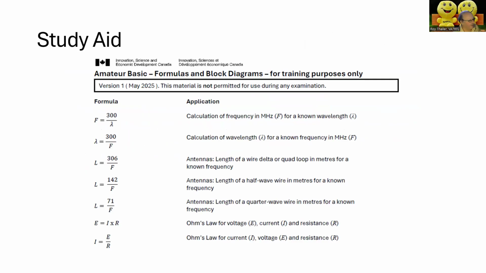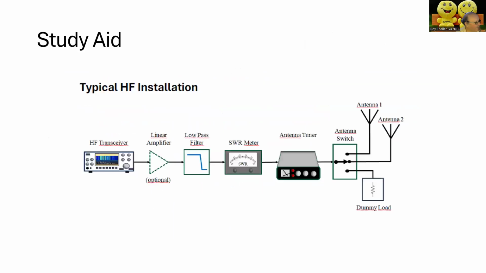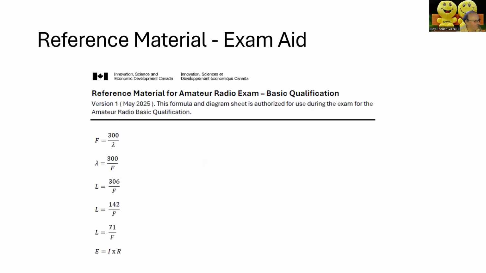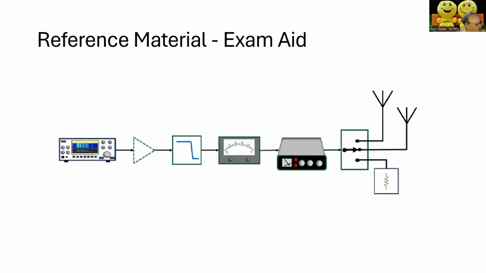So here's what the study aid would look like, giving you the formula plus the explanation or a diagram with all the components labeled. But the reference material that will be provided with you with the exam will have the formulas, but will not have the explanations of it. And same goes for the block diagrams.